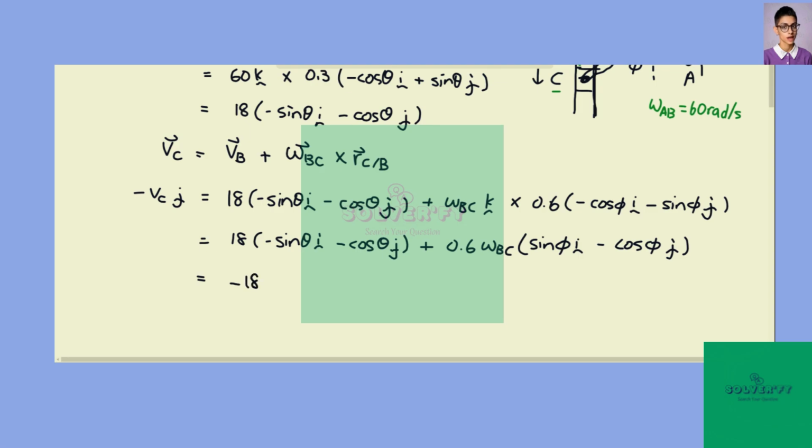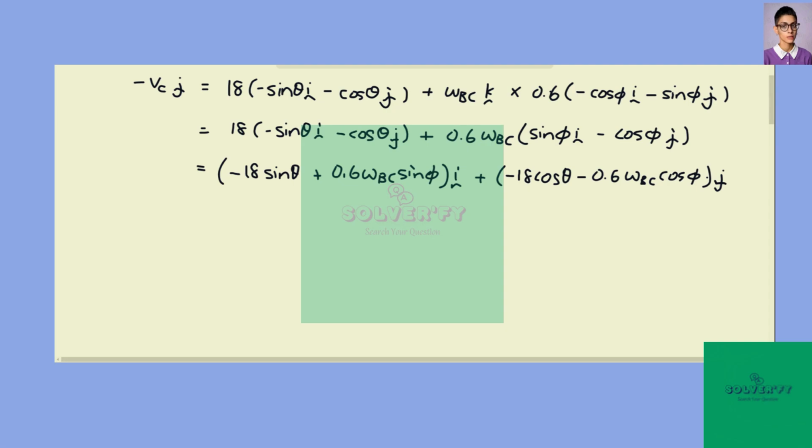So you have minus 18 sine theta plus 0.6 omega BC sine phi, this whole thing in the I direction, plus minus 18 cosine theta minus 0.6 omega BC cosine phi in the J direction. Then we'll be comparing components.